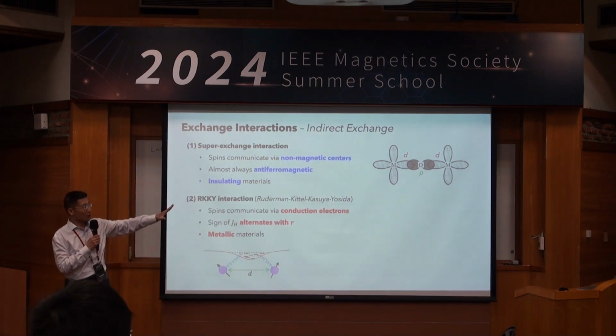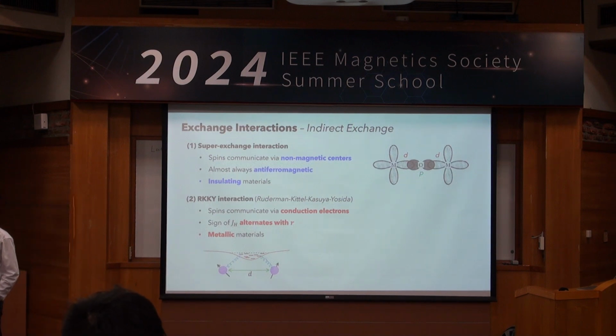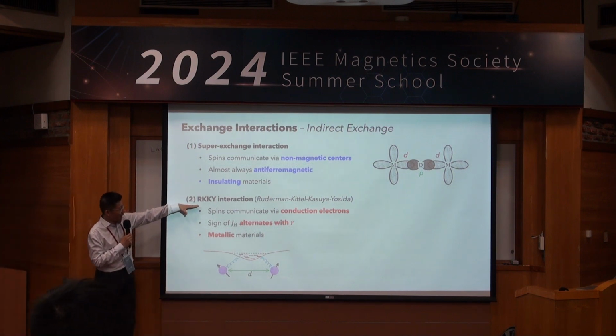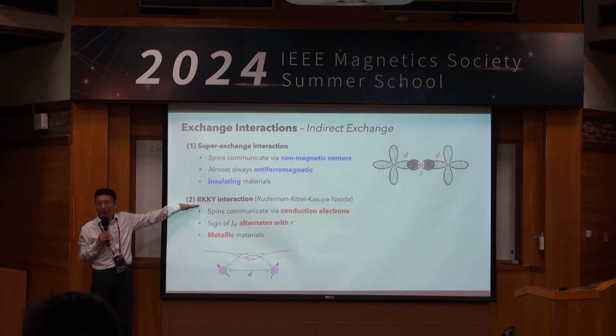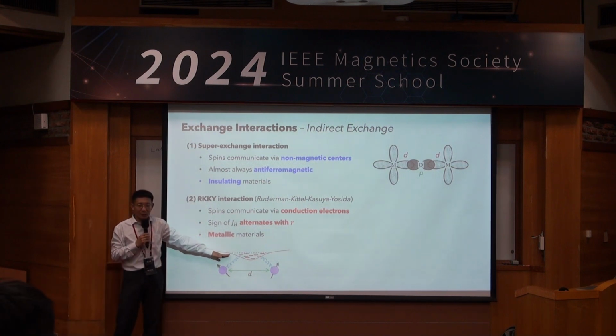Well, in the super exchange, typically there's no conduction band. It's insulating materials. But for the other type of indirect exchange, and this is known as the RKKY interaction, the mediators refer to the entire conduction band. So this is the indirect exchange in metals.